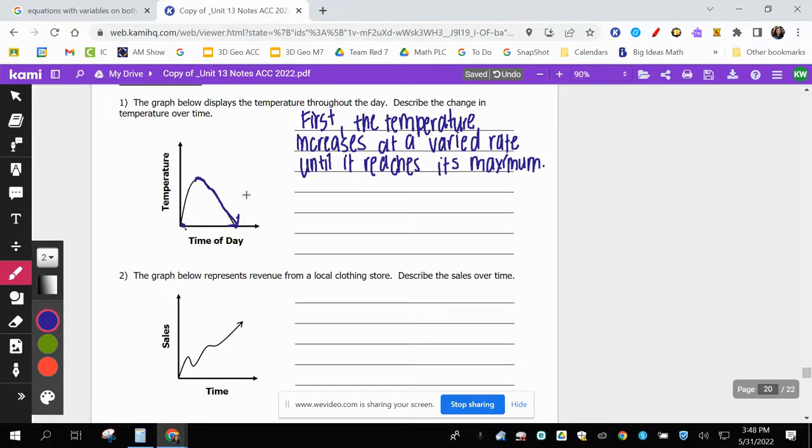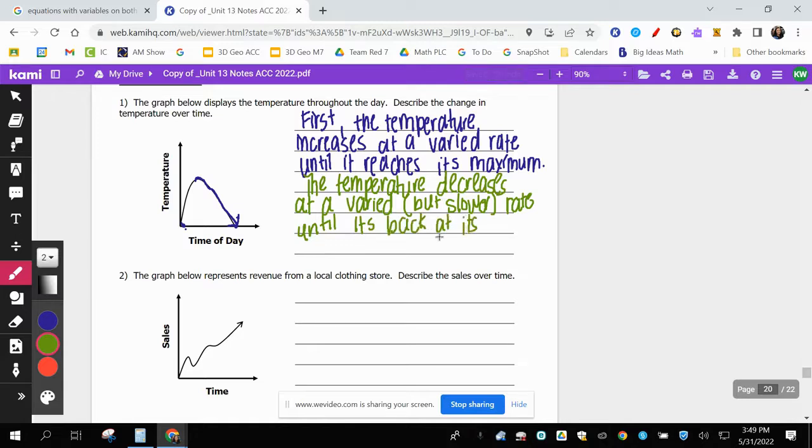So then I'm going to say the temperature decreases at a varied, curved, but slower rate until the temperature is right back where it started, at its original temperature.